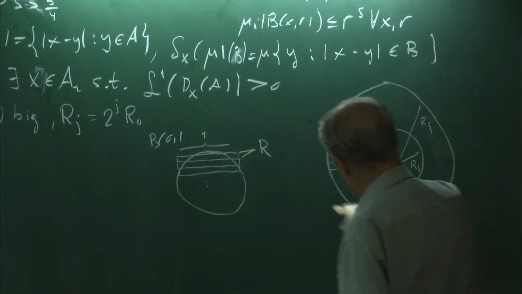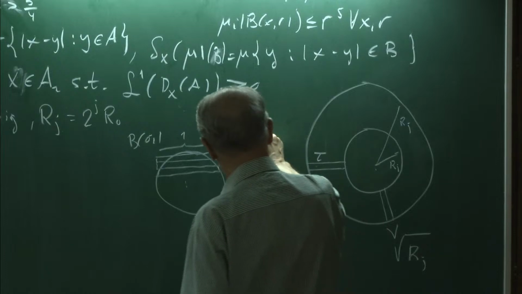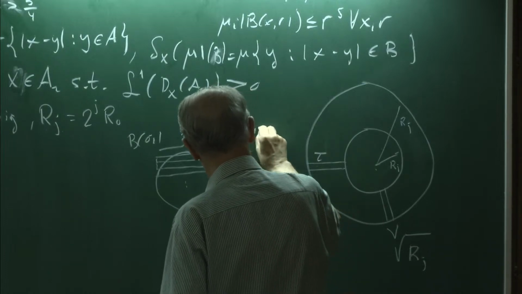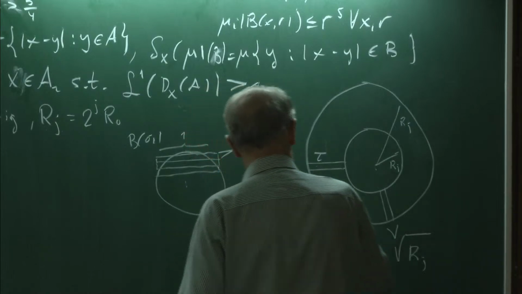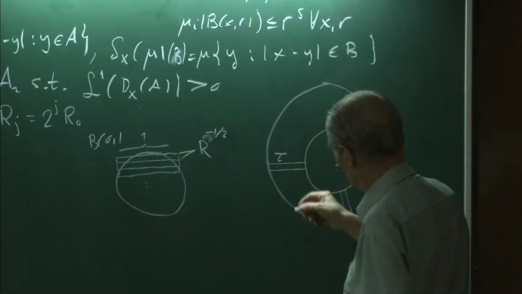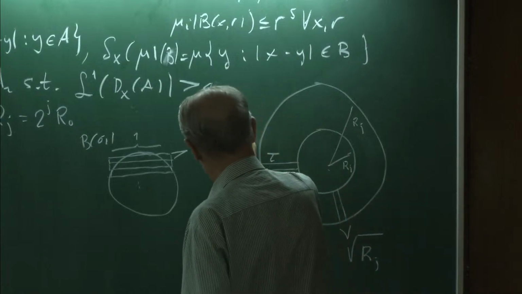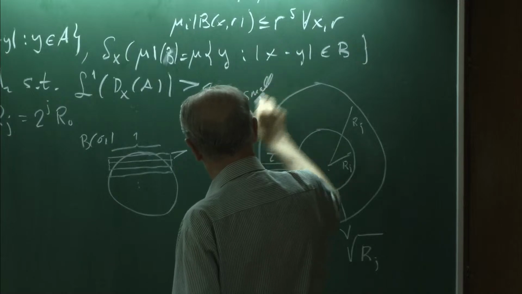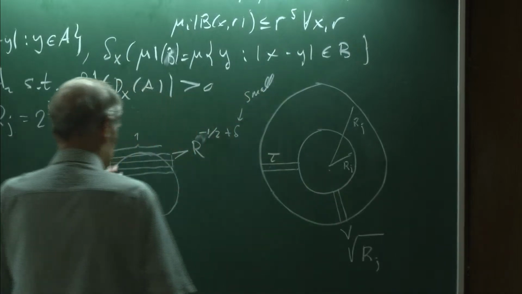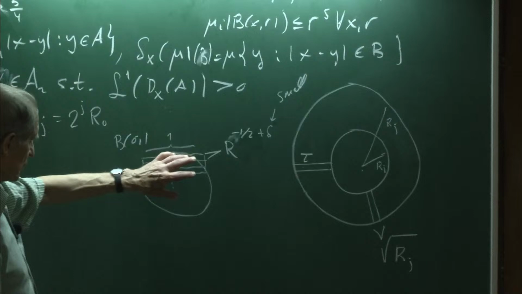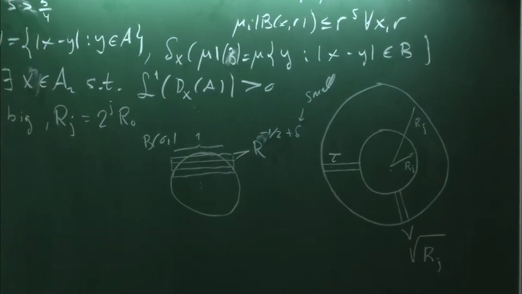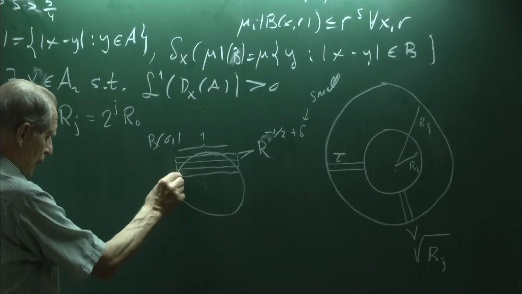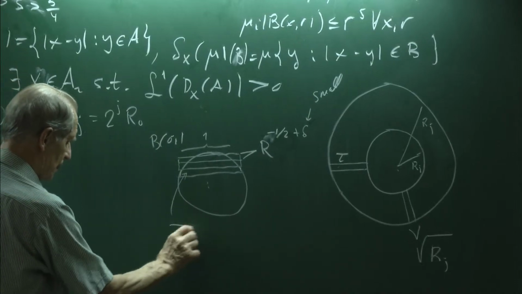That means that it is r to the minus half. But you actually need it to be a little bit bigger, so there is some small number delta, which is put there, so that you get somewhat substantially bigger than r to the minus half. And these rectangles here are called T.